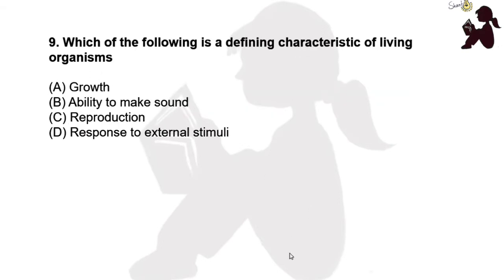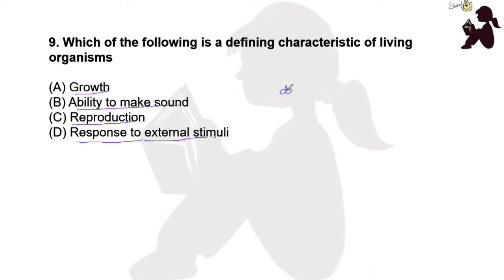Here, question number 9, the question is, which of the following is a defining characteristic of living organisms? Okay, and the options are A, growth, B, ability to make sound, C, reproduction, and D, response to the external stimuli.